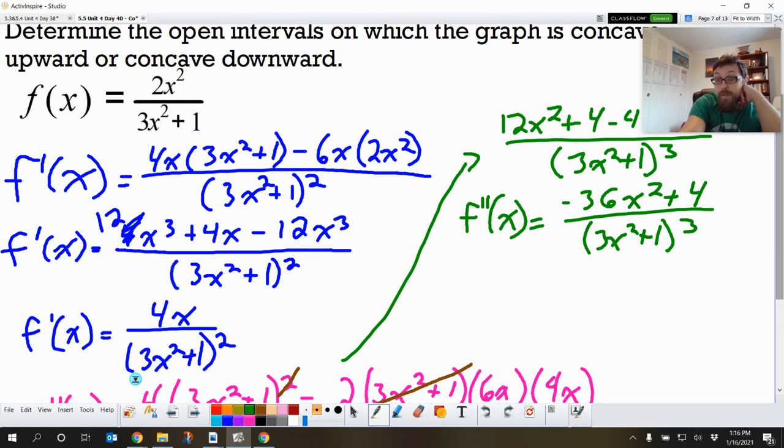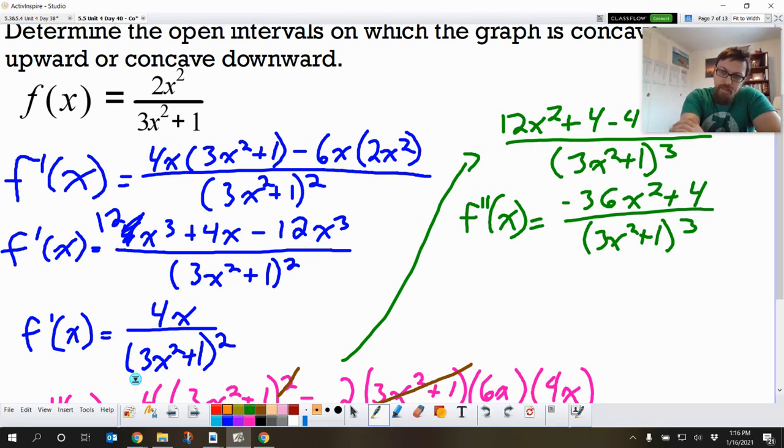Okay, so now we can start thinking about, well, what's going to make these things 0? So if I think about the denominator, what could I put in there that is going to make that thing equal to 0? Well, really nothing, because I'm squaring something and I'm adding 1 to it. So that's going to be producing imaginaries in order to get that denominator to be 0. So there's nothing there. That numerator, though, I bet we could do something with that.